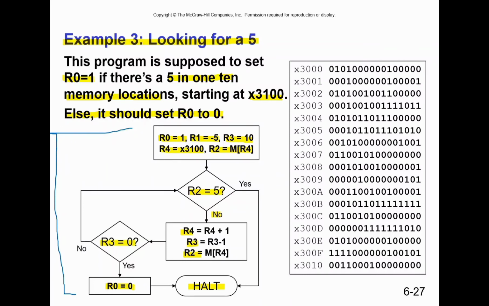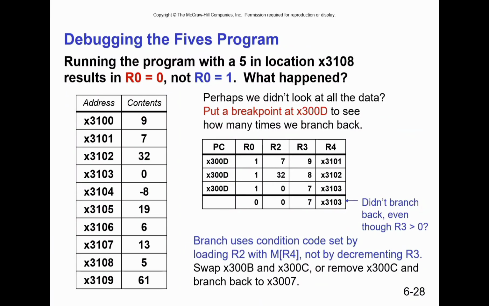And if R3 is not equal to 0, it refers back to the R2 equals 5 check. You can look at this diagram here and look at it by yourself. Okay, we move to the next slide.